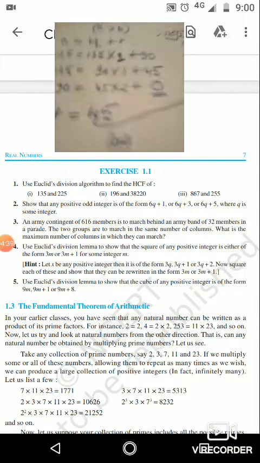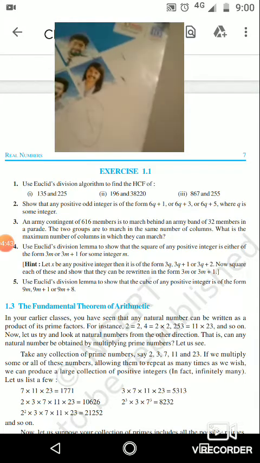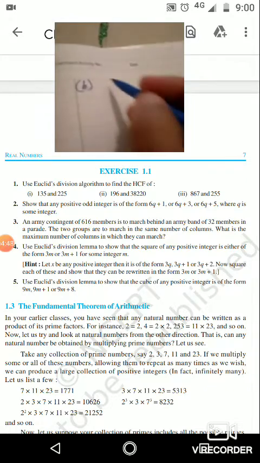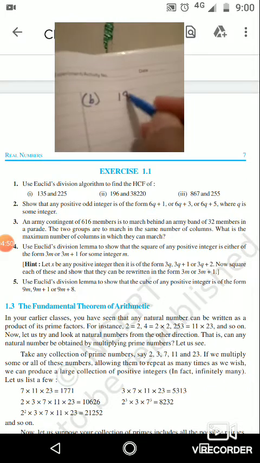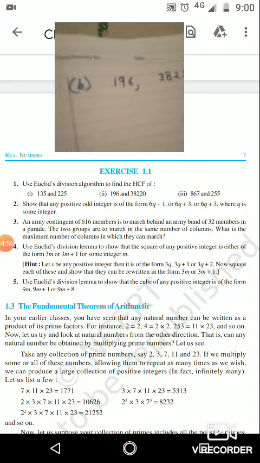Now one more example, the second part of the exercise. Here two numbers are 196 and 38220. Again the same method.